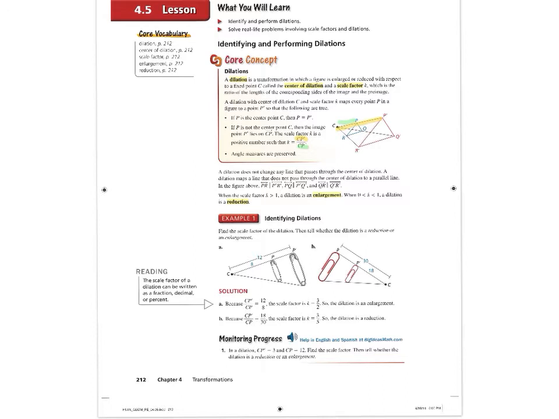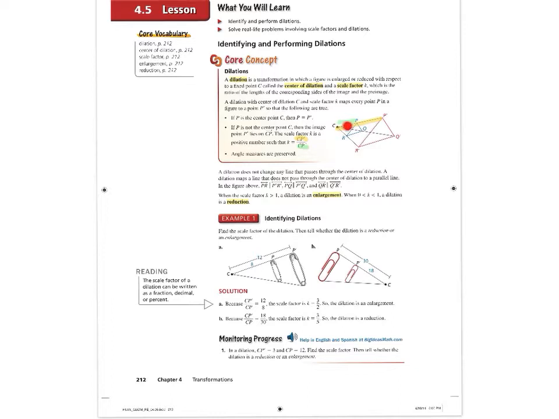I've highlighted the CP prime distance. So CP prime is this yellow highlighted section. Whatever this distance is, it's the top number of your ratio. And then the bottom number is the CP distance. That ratio is constant for every segment.